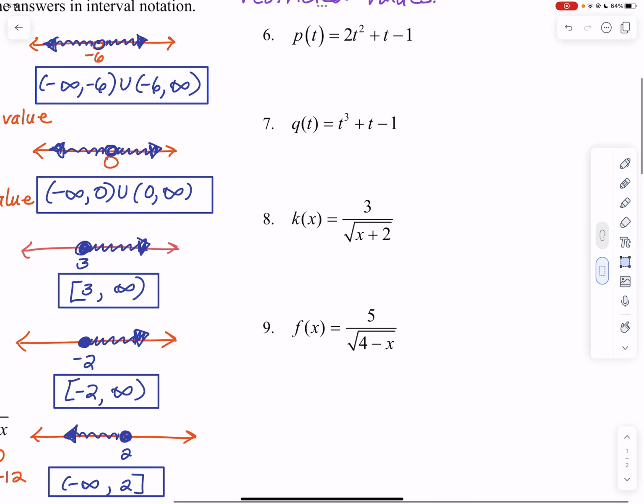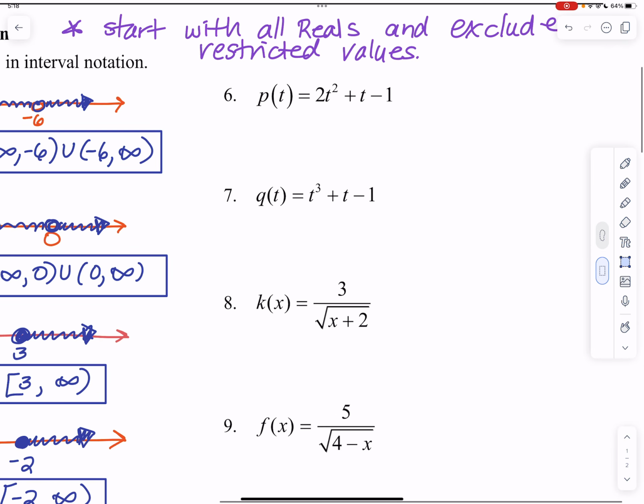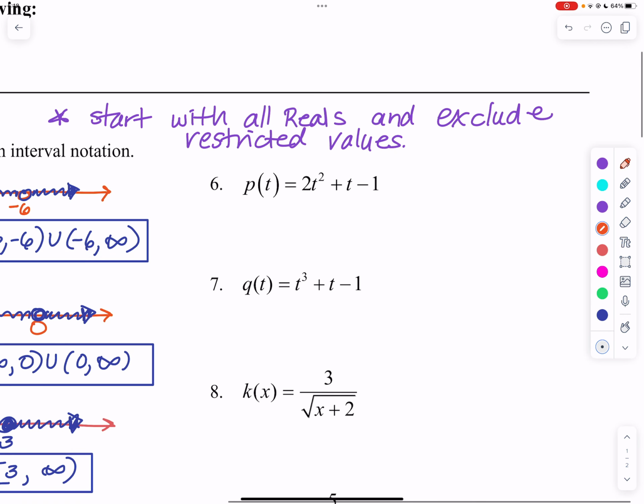Okay, let's look at number 6. Now we do not have a square root. So let me write that up here.